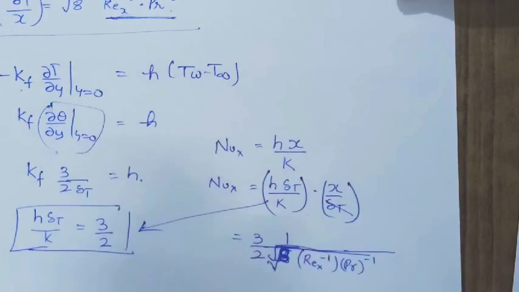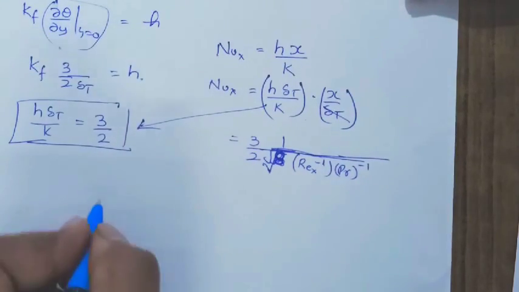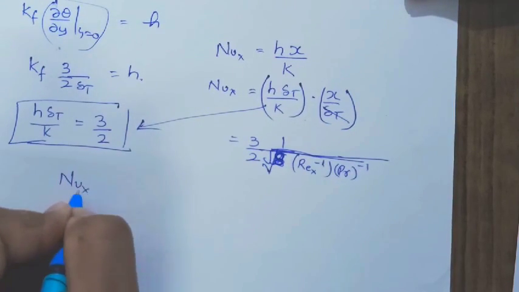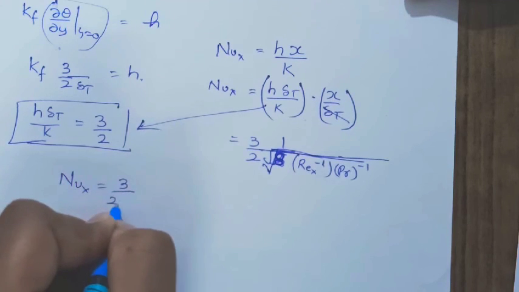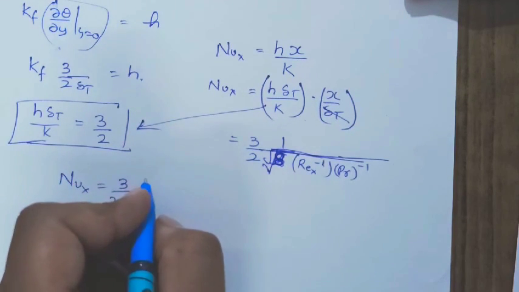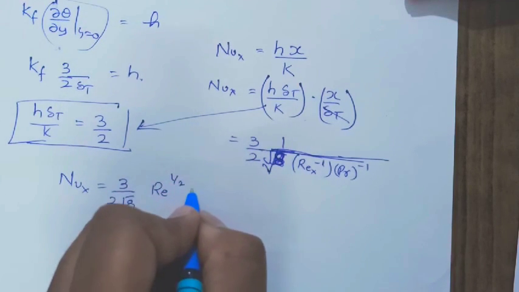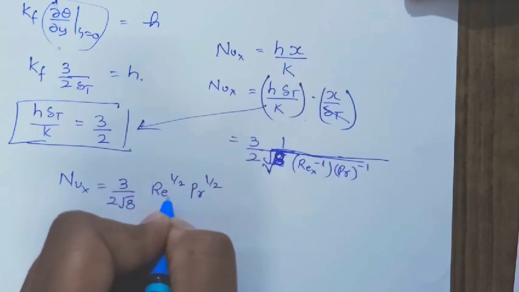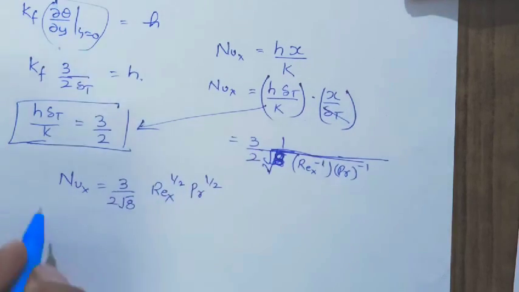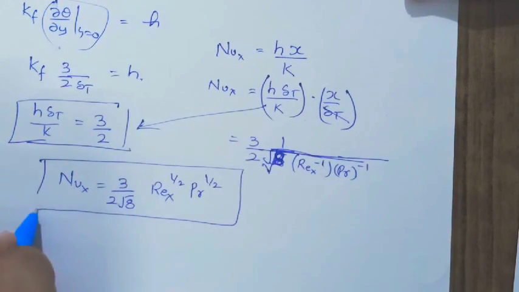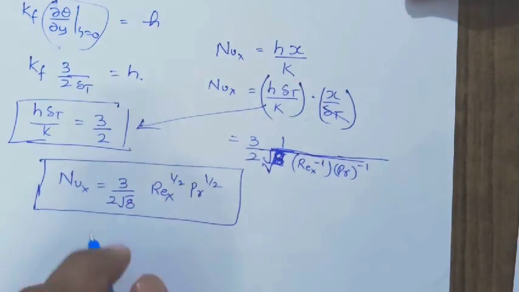It is under root. So I'll get the Nusselt number is 3 by 2 root 8 of Reynolds number to the power half into Prandtl number to the power half at x, right?